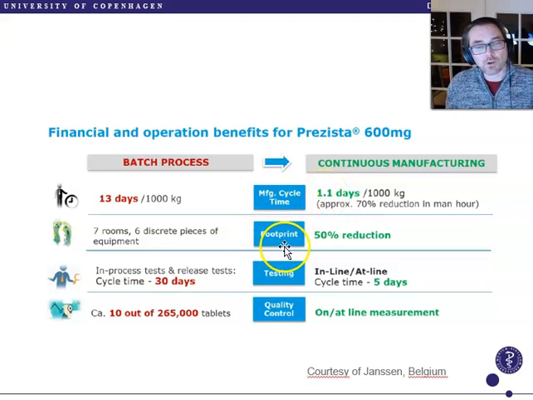Another benefit of this approach is that they can reduce the footprint of equipment. So you need a lot less space for the same manufacturing equipment when you are moving towards continuous manufacturing principles.